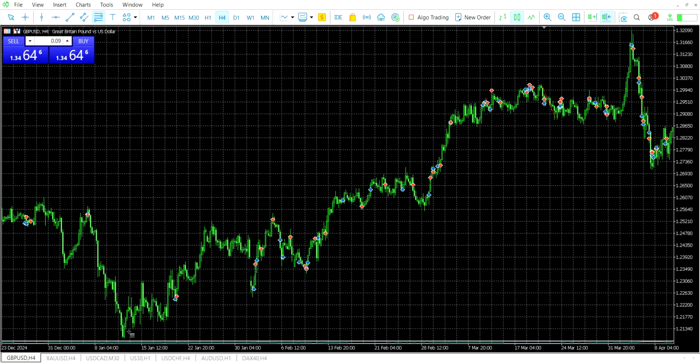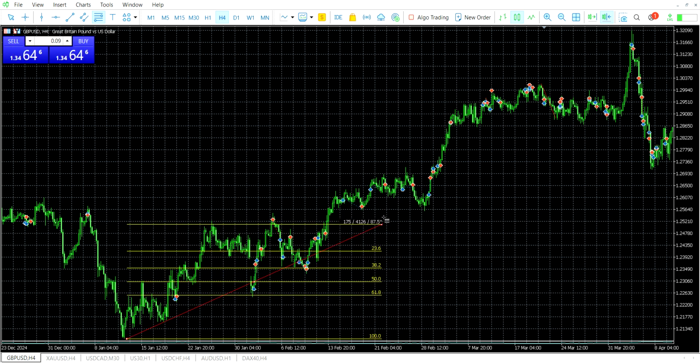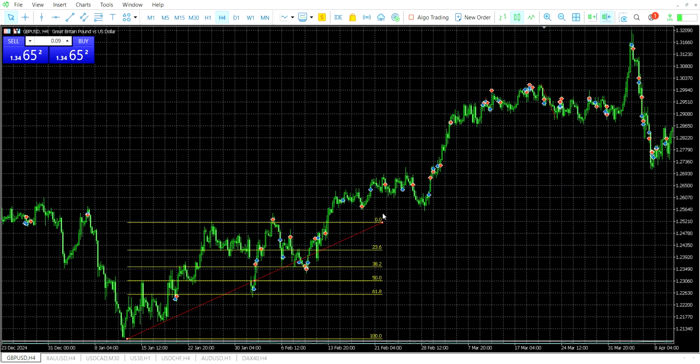What is very important is to first draw the Fibonacci levels, and you have to start from the first candlestick shadow, from shadow to shadow, let's say. So here is our Fibonacci level.